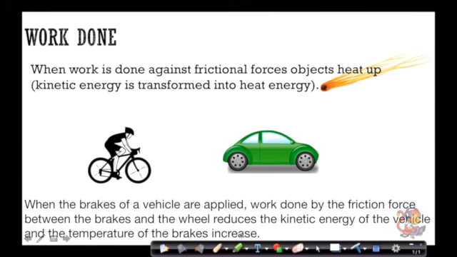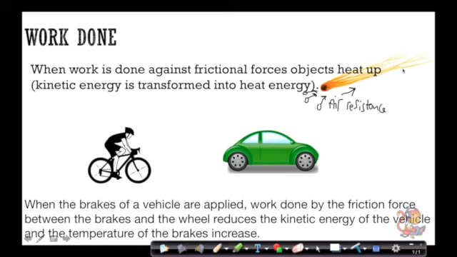So first of all, if we talk about this meteor going through the atmosphere, as it's going through the atmosphere, it will have air particles colliding against it, providing a resistive force. Okay, so it would be like air resistance, for example, a special type of friction, which will be providing a force in this direction against the motion of the meteorite.